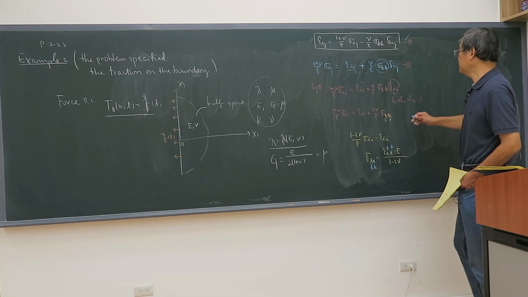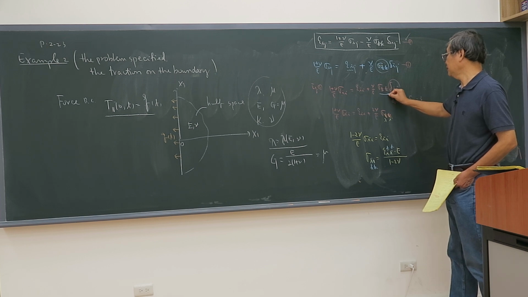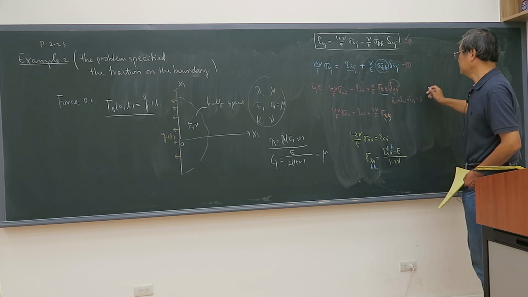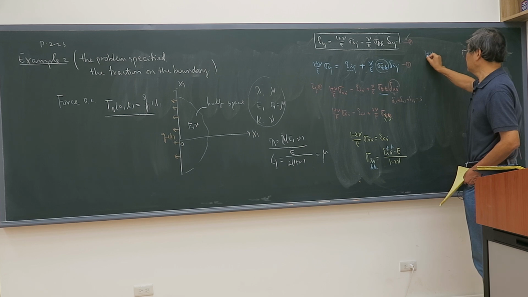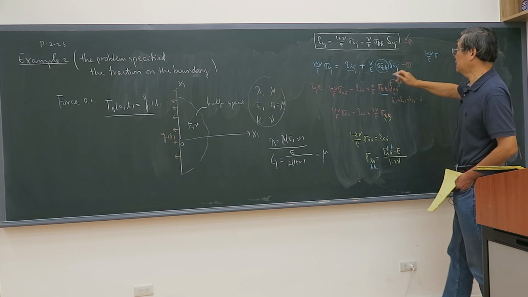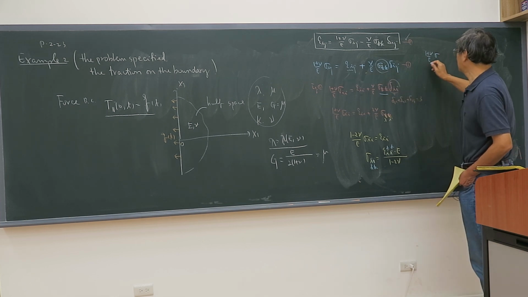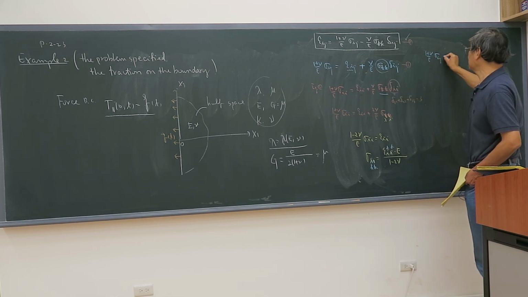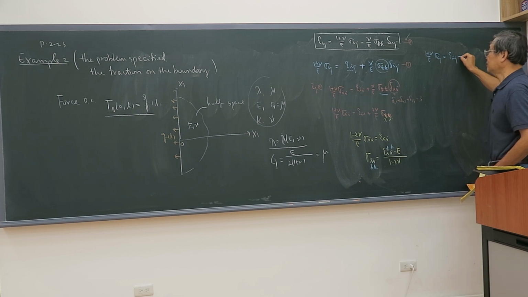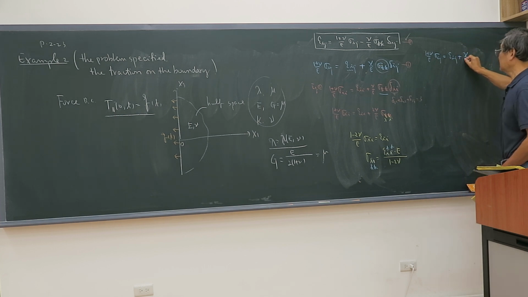So you can put it back to here: (1 + ν)/E σij equal to εij plus ν/E, and the σkk can be replaced by εkk times E/(1 − 2ν) δij.